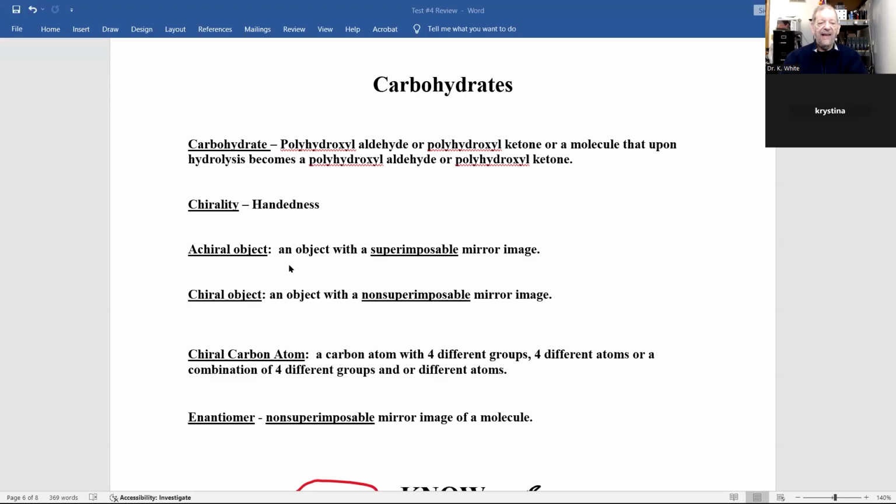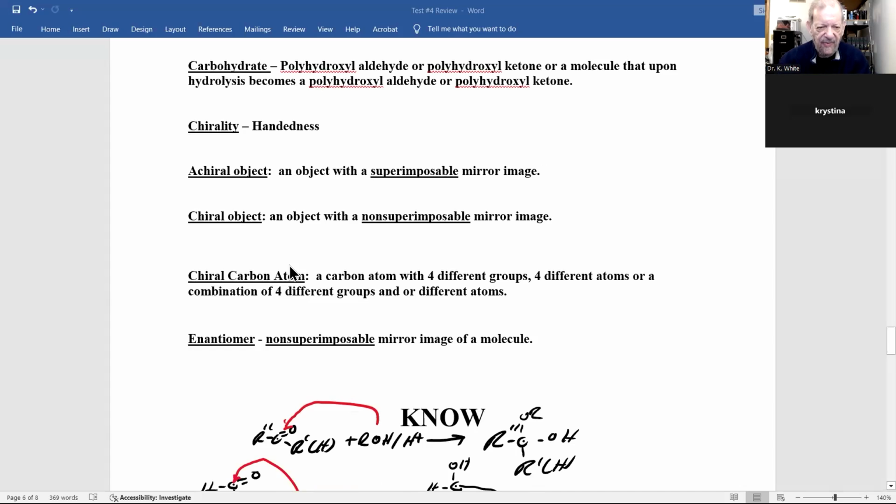The prefix a means without handedness. And a chiral object is an object with a non-superimposable mirror image. And that means it has handedness.